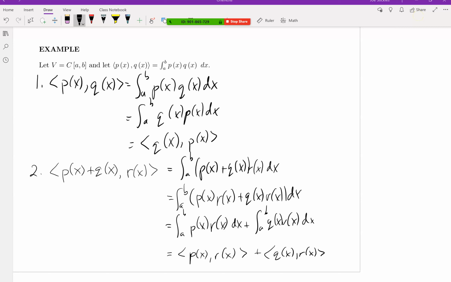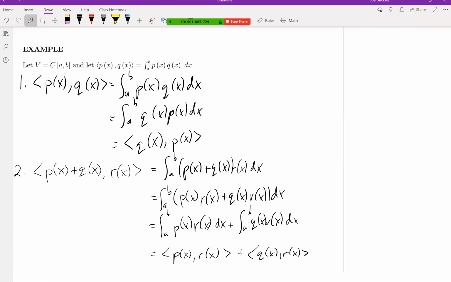All right, well, let's look at the third one here. The third one says that if you have a scalar times the first one, an inner product with the second, we should be able to move that scalar out. And again, this is all just going to be from our properties of integrals that we remember from calculus.